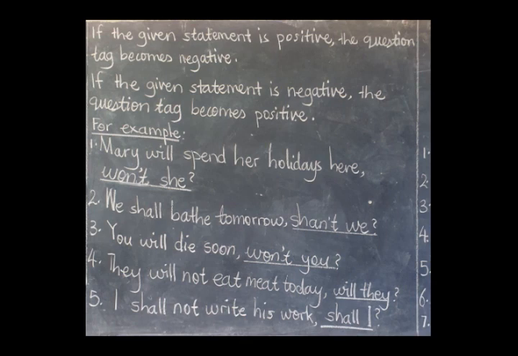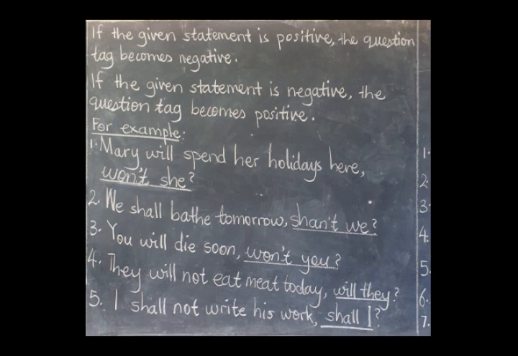Remember, we said question tags begin with small letters. We shall bathe tomorrow. That is a positive statement, and therefore the question tag has to be negative, which is shan't we. Shan't is the short form of shall not. Therefore, it becomes negative. We shall bathe tomorrow, shan't we?